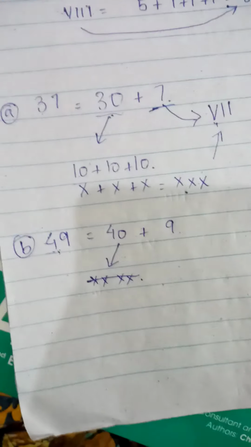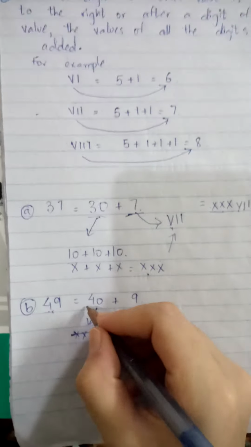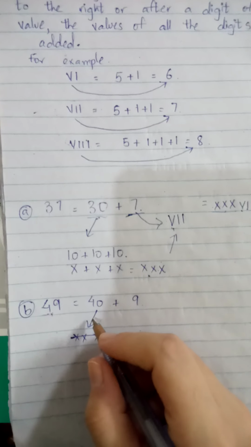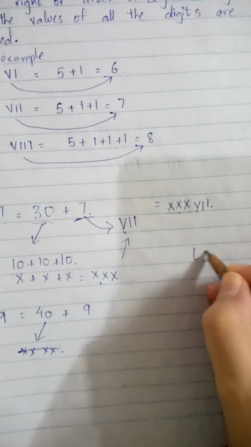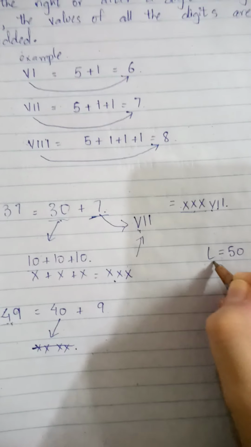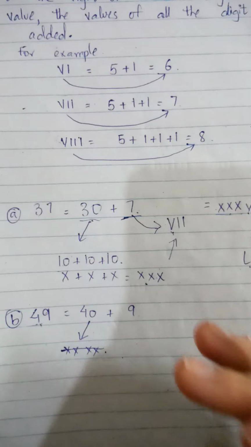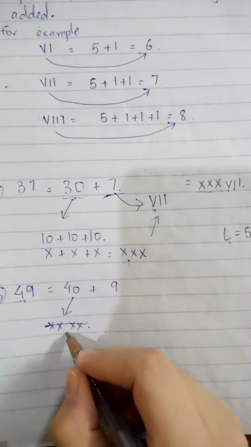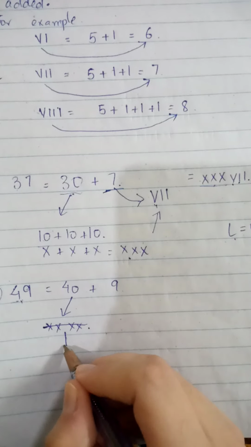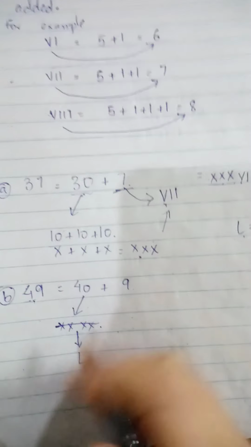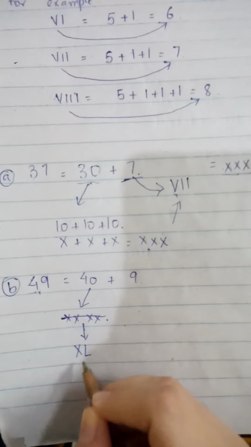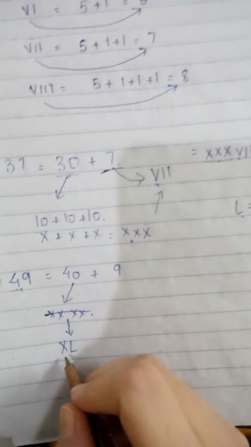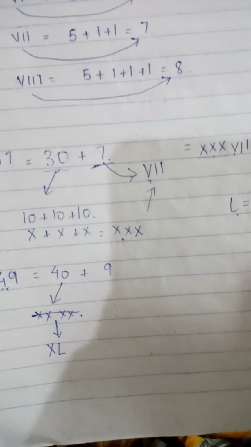I know that L stands for 50 in Roman numbers. And I know that 50 minus 10 gives me 40, so I will take help from this letter. I will first of all write L, and then I will add X before it. Adding X before L means that we will follow rule number 2 again.